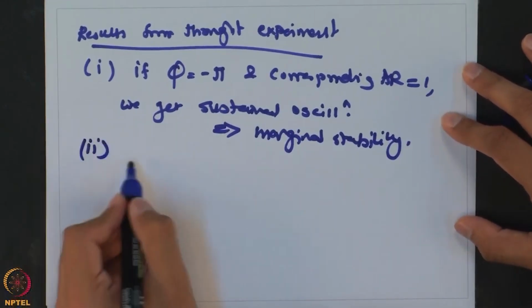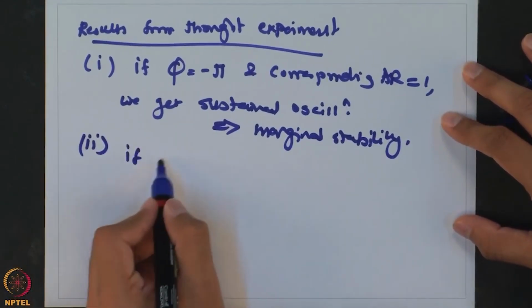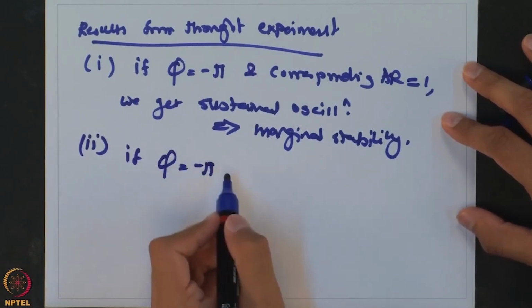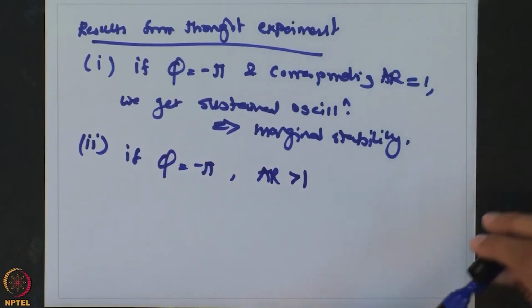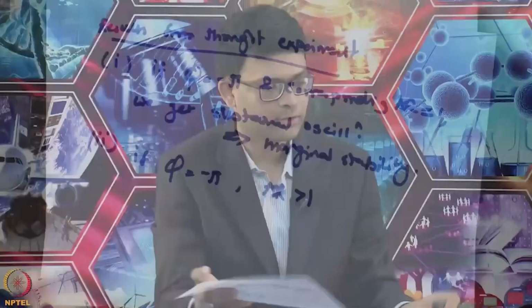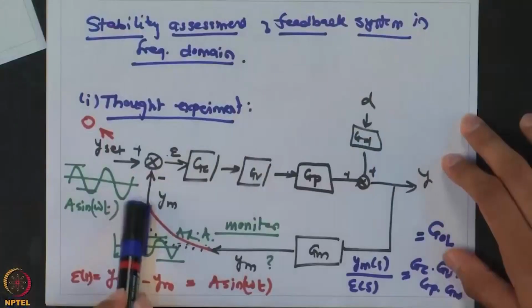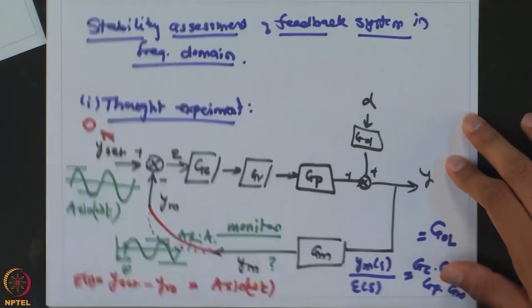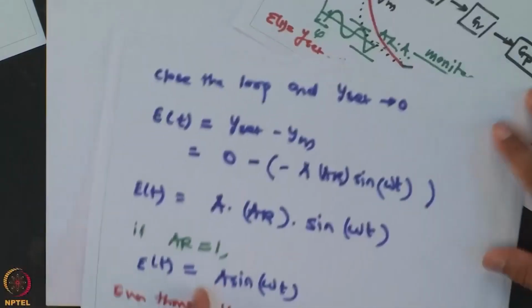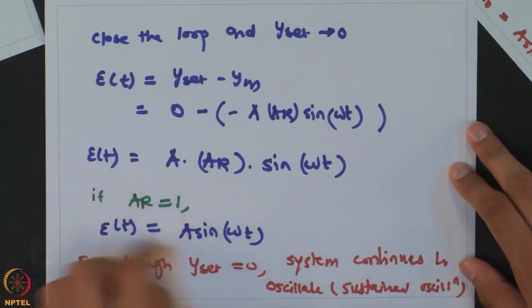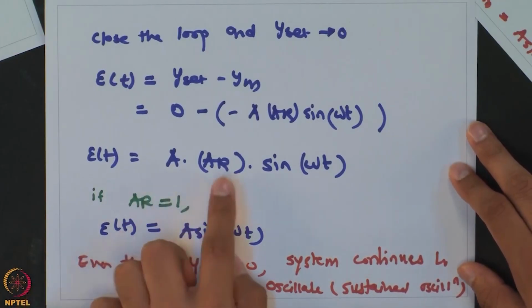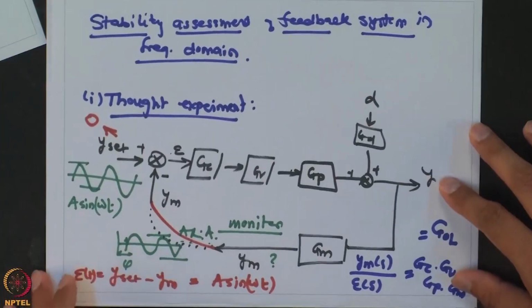Now let us consider if for the same phi equal to minus pi, AR is greater than 1. So we go back to this same figure. Before closing the loop, we know that this Ym or this recirculating error is going to be A times AR sin of omega t. So what does that mean?